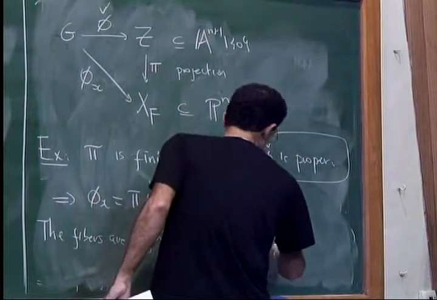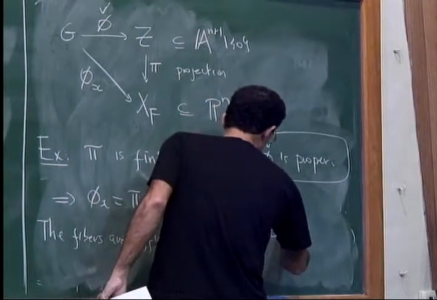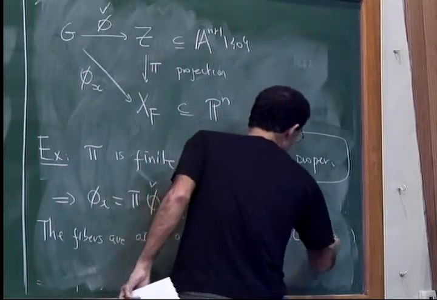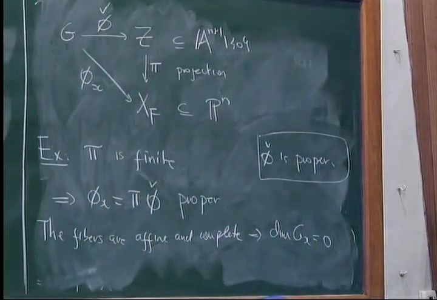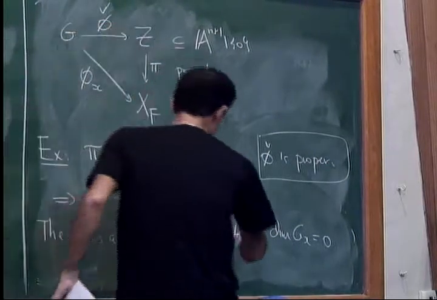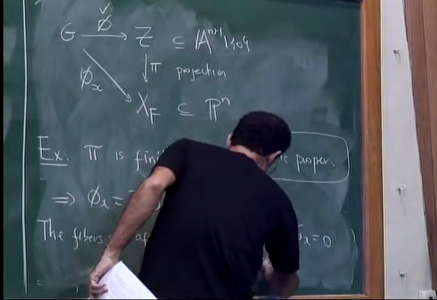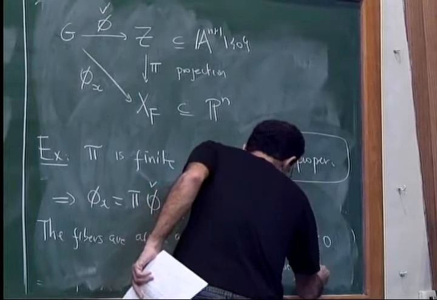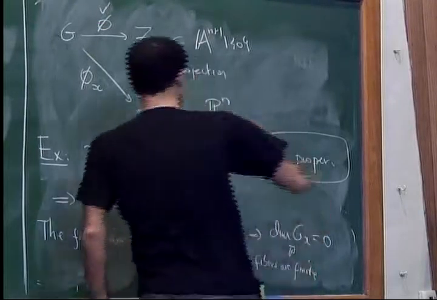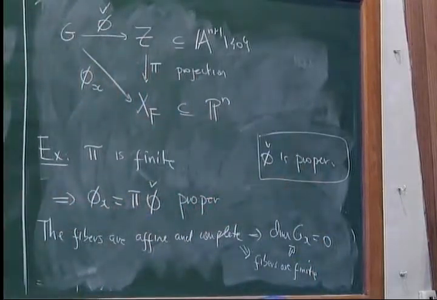So that means that the dimension of the stabilizer is 0. Right? Because the fibers are isomorphic to G_x. Okay? So the fibers are finite. And that means that the dimension of the stabilizer is 0.